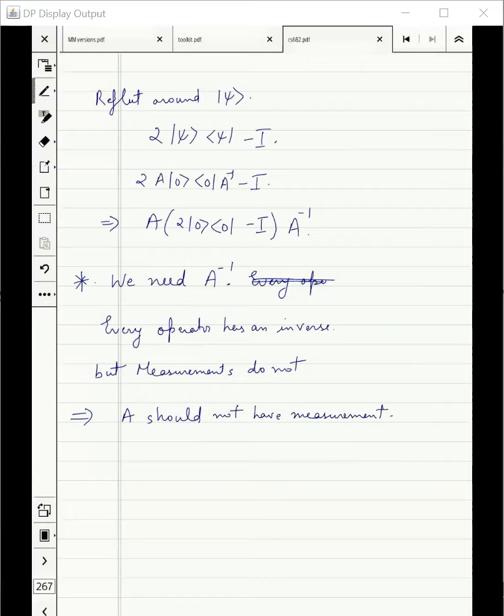Now, without the star, we can write the amplitude amplification theorem.